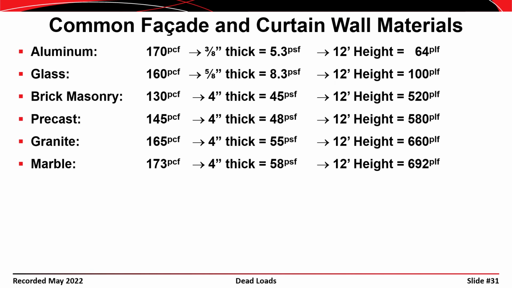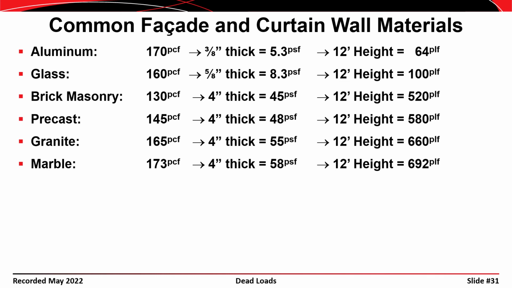All right, this slide shows some common facade and curtain wall materials that are used, anywhere from aluminum to glass to several types of masonry and stone. So just take a 12-foot story height as an example. You could have a facade that imposes a weight of 64 pounds per linear foot, all the way up to 700 pounds per linear foot, depending on the type of facade that you're going to have.